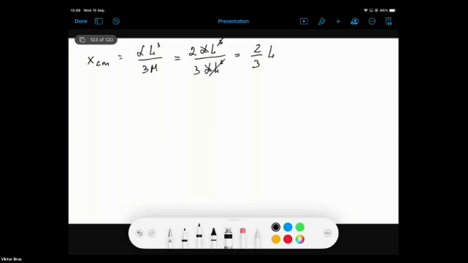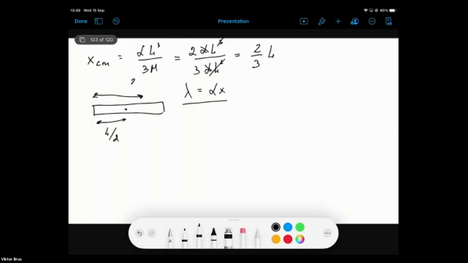So if we have this rod with non-uniformly distributed linear density, which will follow this equation alpha times x, for uniform we have coordinate L divided by 2. And for non-uniform, in this case, it will be shifted further, closer to this right edge.